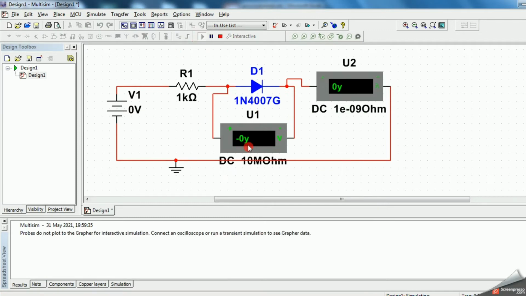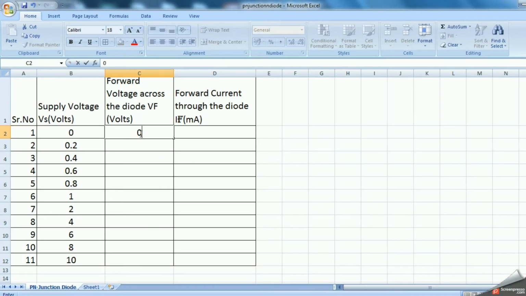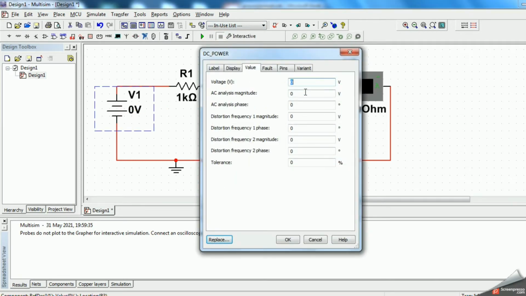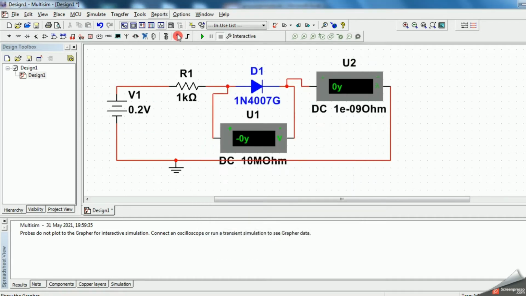The voltage across the diode is 0 and current is 0. Note down that reading. Next supply voltage is 0.2. Double click, change the voltage to 0.2 volt. Okay, then run.